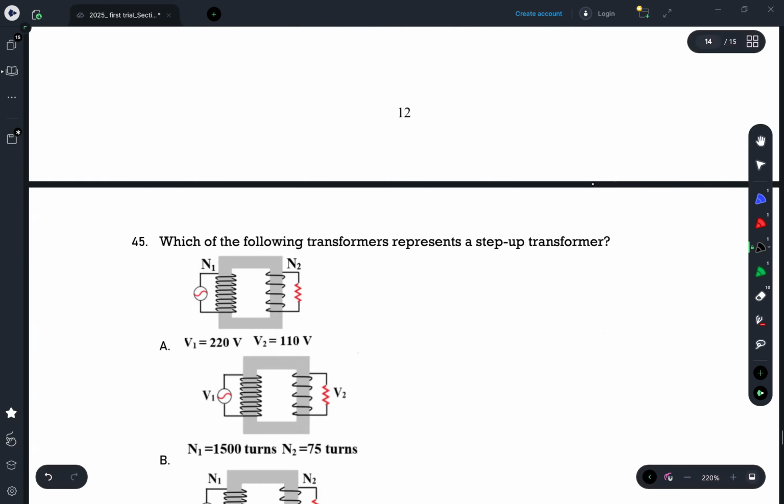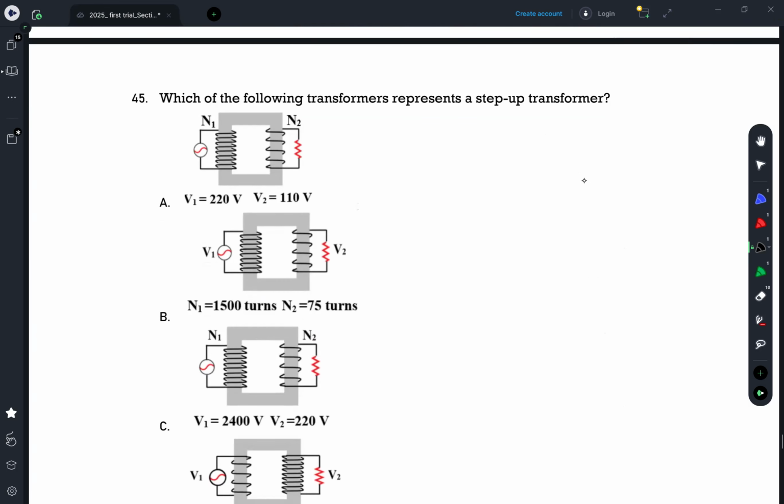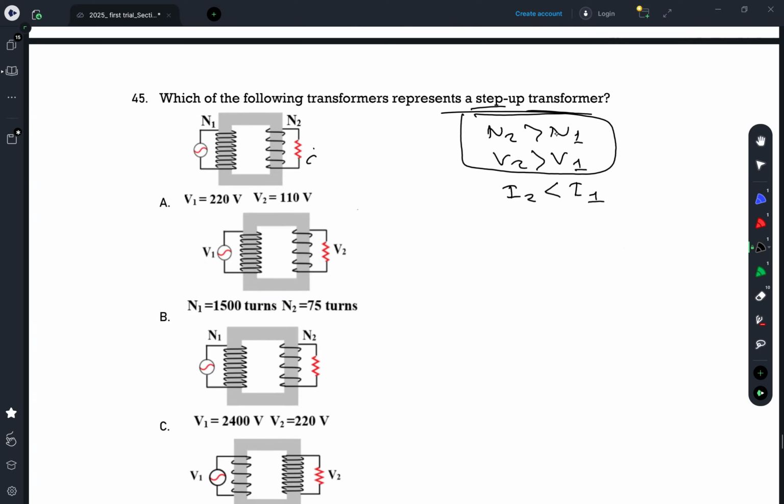Question number 45. Which of the following transformers represents a step-up transformer? In a step-up transformer, we know that N2 is greater than N1, V2 is greater than V1, and I2, if given, is less than I1. But I is not given, so we are going to use the first two. A, V2 is less than V1, so this is step down.